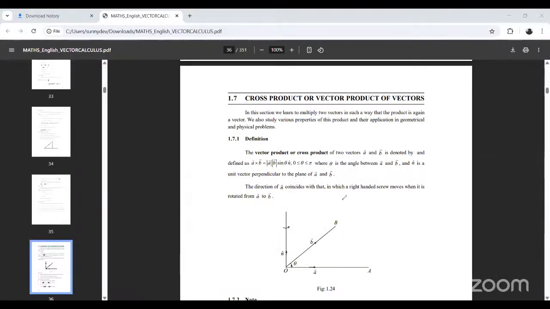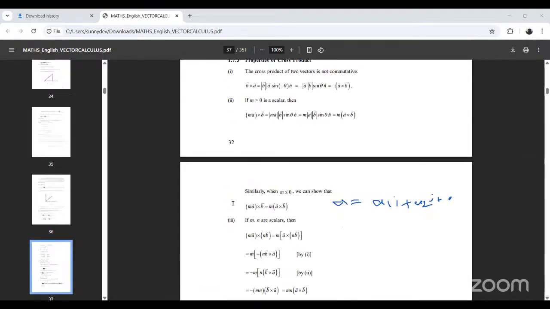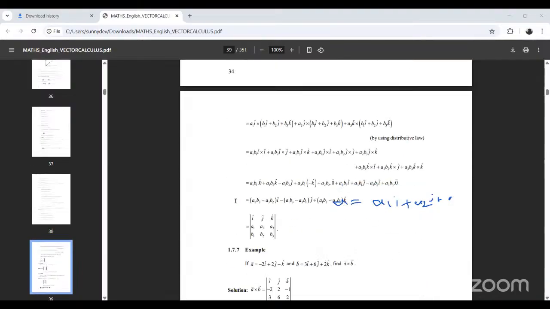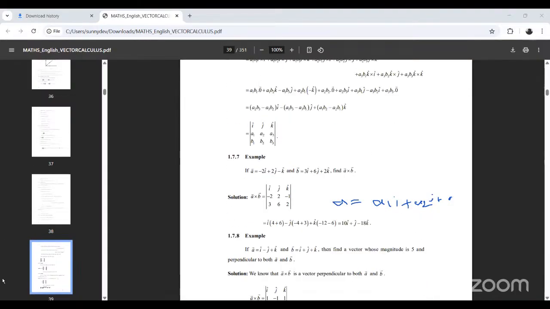So suppose A equal to A1 i plus A2 j plus A3 k. Here otherwise we'll see one problem. Then only you are getting the easy clarification. Yes. Okay, no? So this is A and B is there.